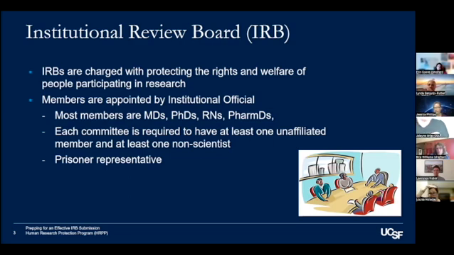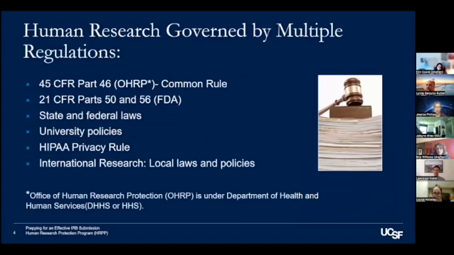And so at UCSF, we have 5 IRBs, one of which does the prisoner research and has the prisoner representative. And all our research is governed by multiple regulations. The 45 CFR 46, that section of the Code of Federal Regulation is operated by the Office of Human Research Protection.